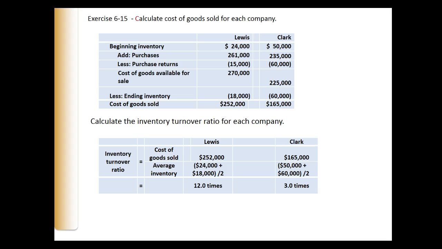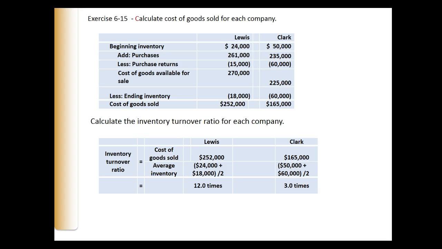So, the cost of goods sold, we start with the beginning inventory, we add our purchases, we subtract purchase returns, which then gives us our cost of goods available for sale, less our ending inventory then gives us our cost of goods sold.